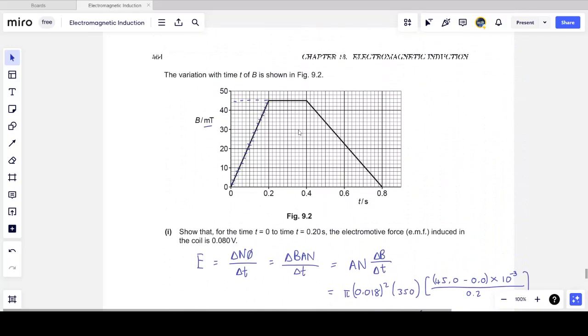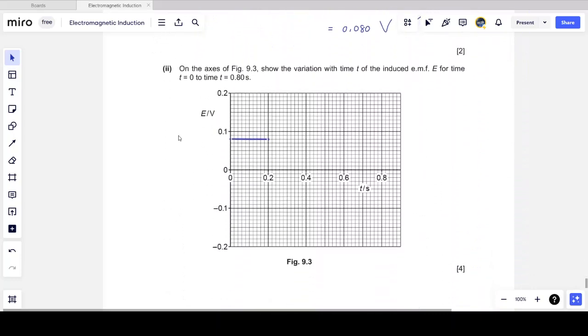For the next 0.2 seconds, from 0.2 to 0.4, I have a flat horizontal line for the flux density. If EMF is the rate of change of magnetic flux, but the flux density is not changing, there is no EMF induced for the next 0.2 seconds.